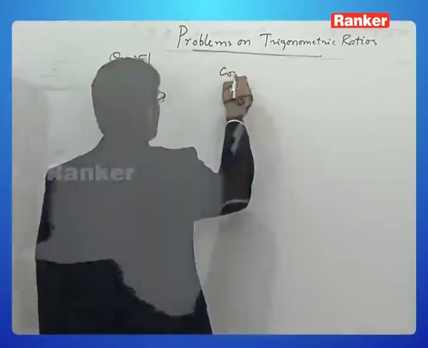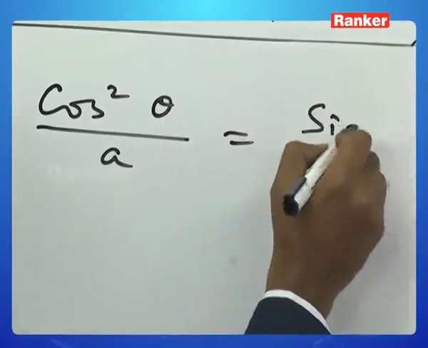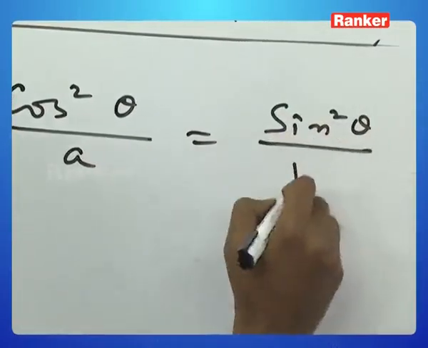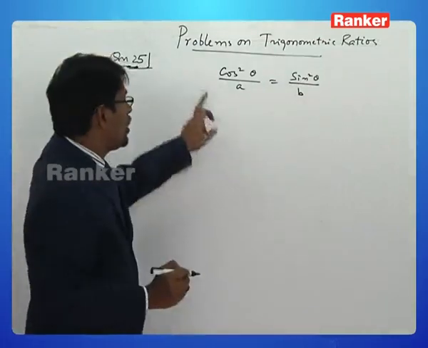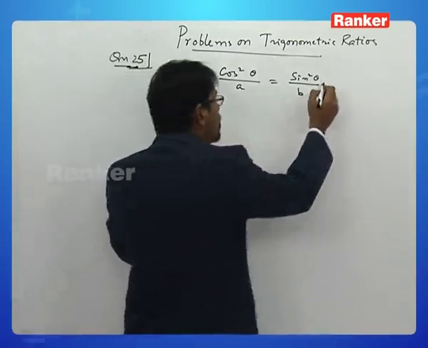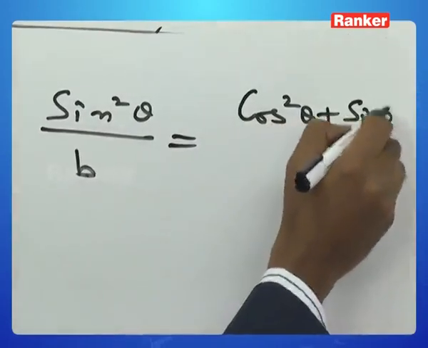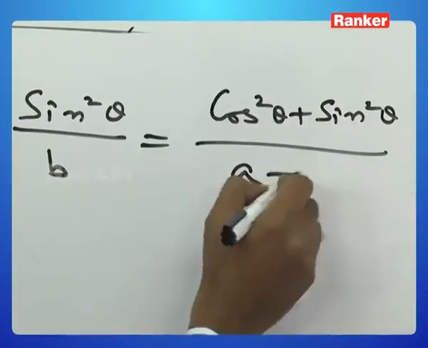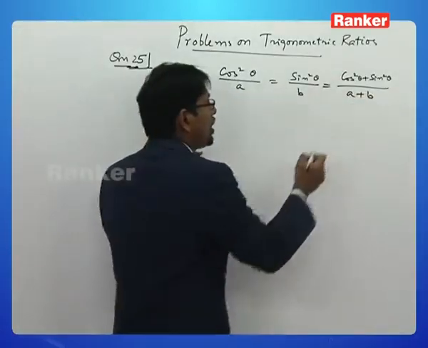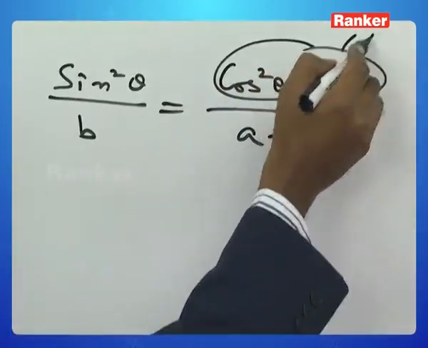What are we given and what is asked? Cos square theta by A is equal to sin square theta by B. Now from ratio and proportion, we can write this to be also equal to (cos square theta plus sin square theta) divided by (A plus B). This is 1.